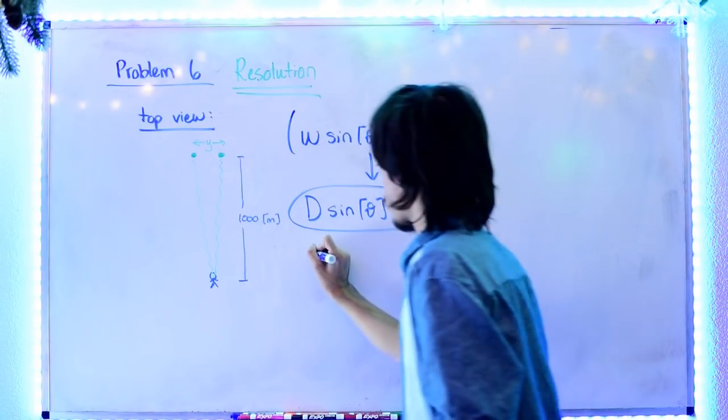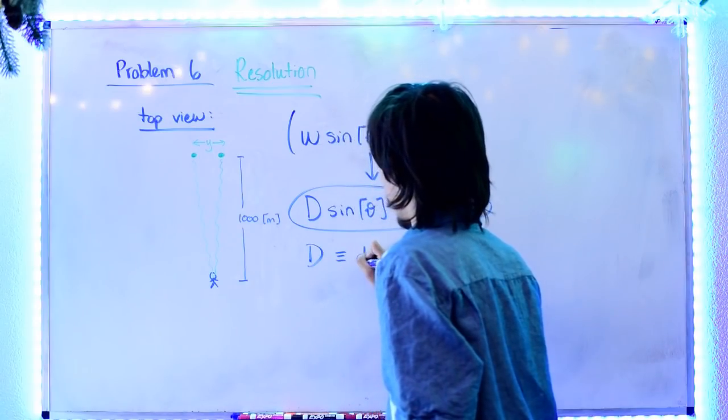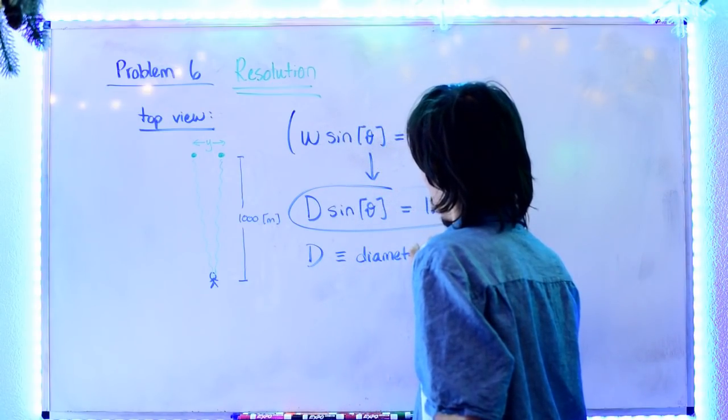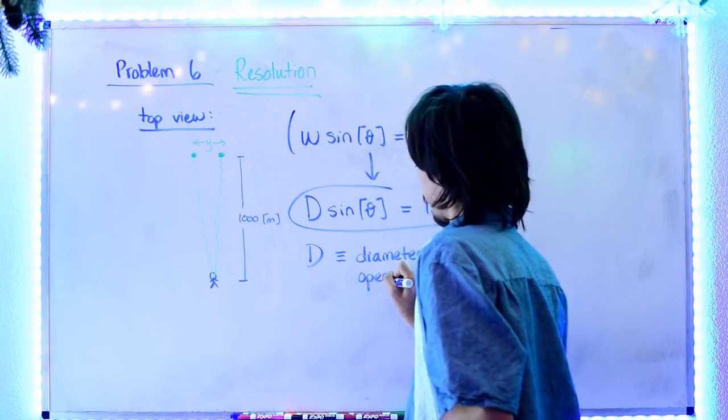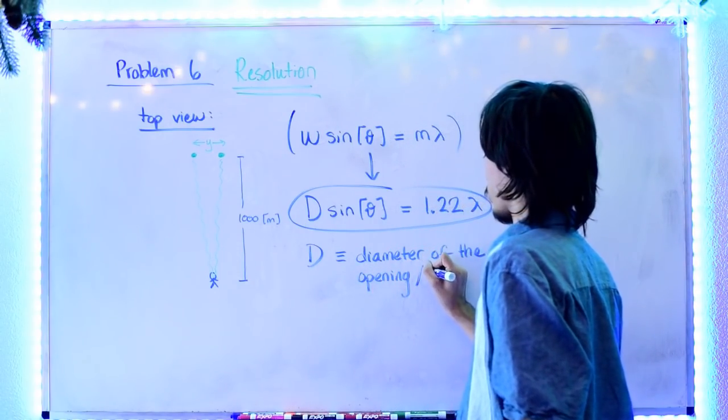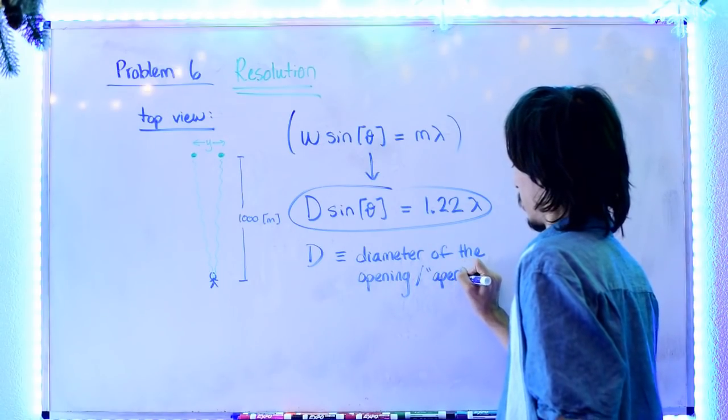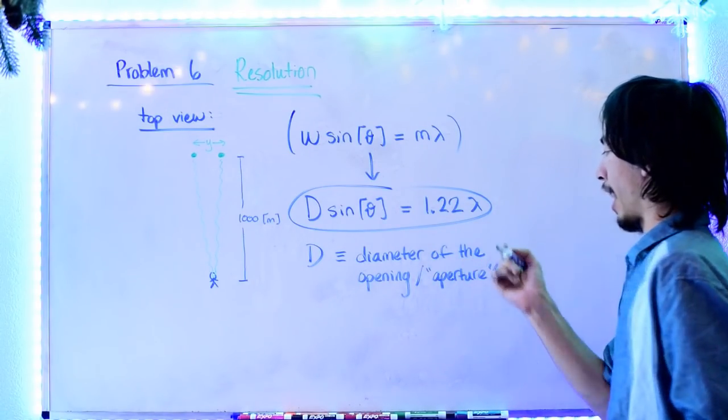Now, D is defined as the diameter of the opening, or what's also referred to as the aperture. So if you do any photography, it's an aperture.